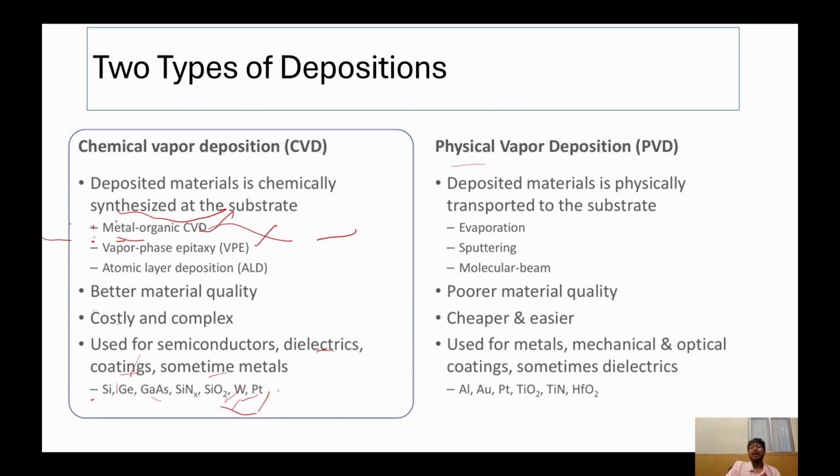Moreover, in vapor phase deposition there are various kinds of boats, and the boat itself is made of tungsten because of that high boiling point. So tungsten is very hard to deposit with physical vapor deposition.